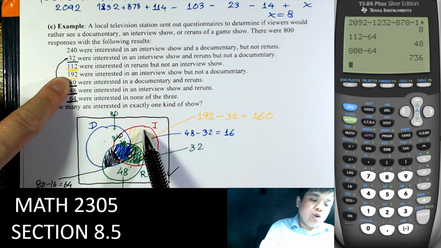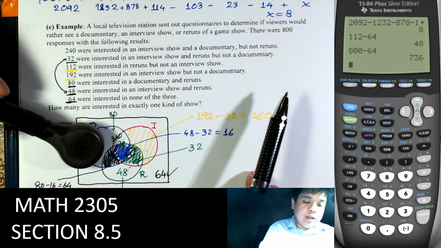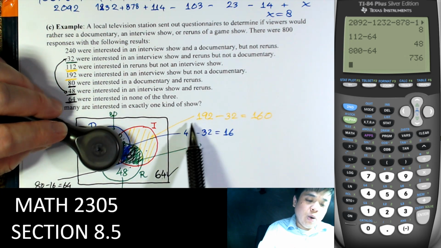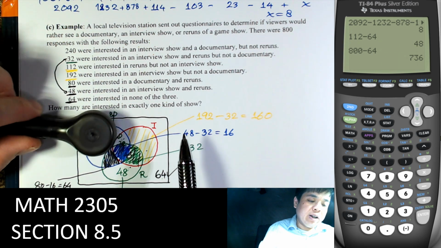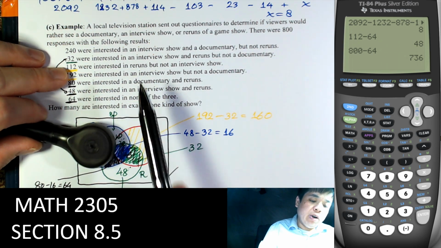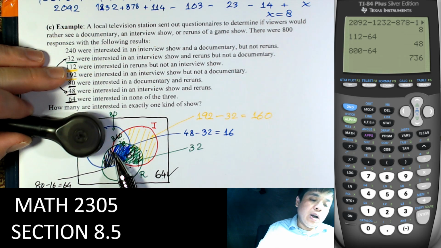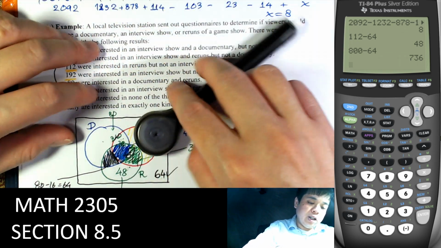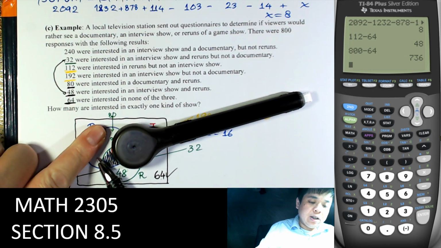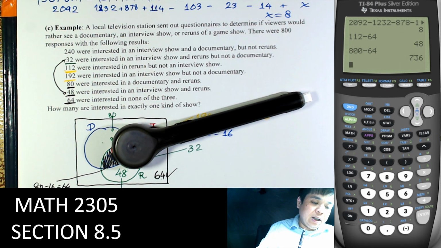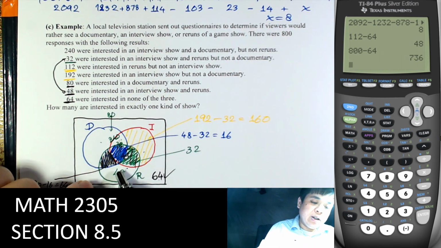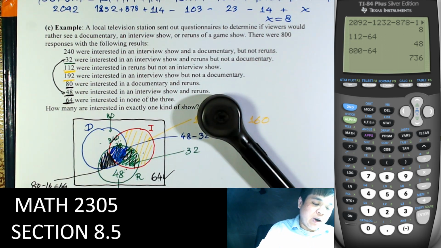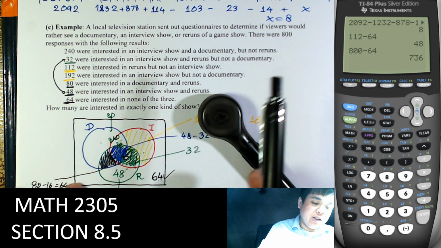And now we have those two. 192 interview but not documentary. And so that 192 subtract 32, 160. So that's good. And 112 interested in reruns but not interview. So not interview rerun. So that's only 48. And the one that said 80 is the documentary but with rerun. And so that subtract the 16 on all three, so that's 64. So that's good.